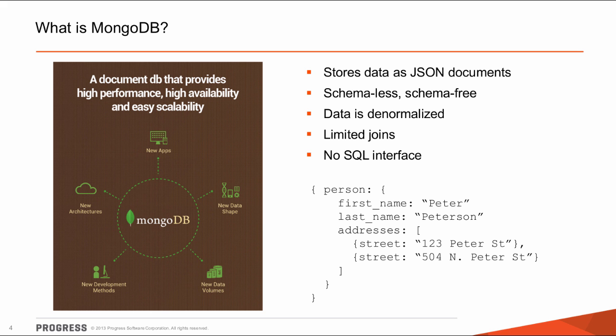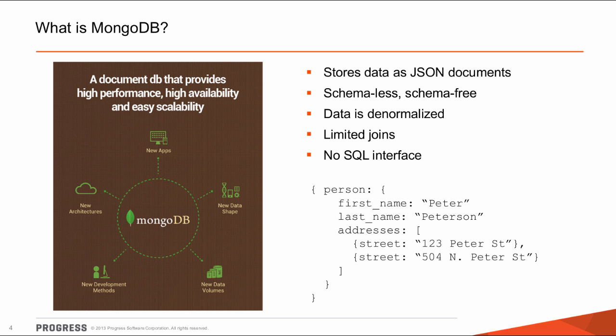What one puts into MongoDB does not have to conform to a well-known schema designed up front, a rigid schema. Data in JSON is denormalized. It's not normalized like we would typically expect from, again, a traditional relational source.